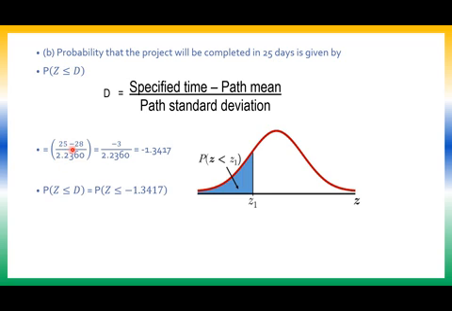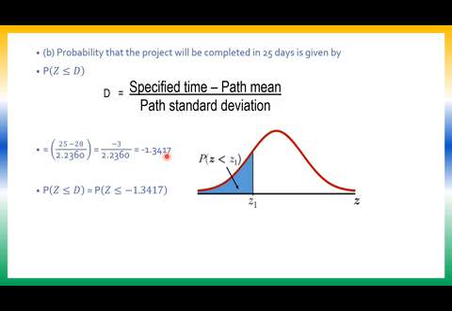So 25 minus project duration that we have calculated is 28. So 25 minus 28 divided by standard deviation, 2.2360. So 25 minus 28 is minus 3. So minus 3 by 2.2360, I get a minus 1.3417.